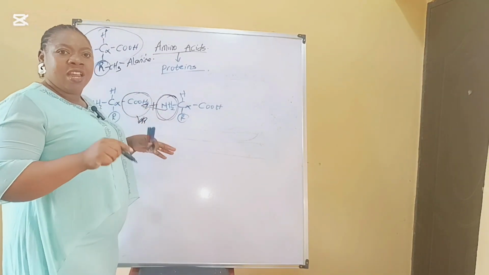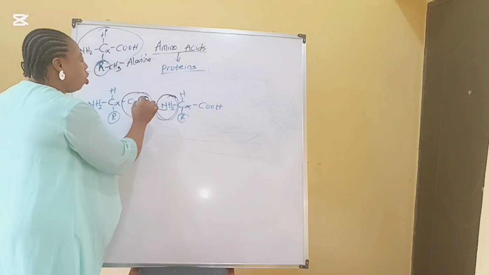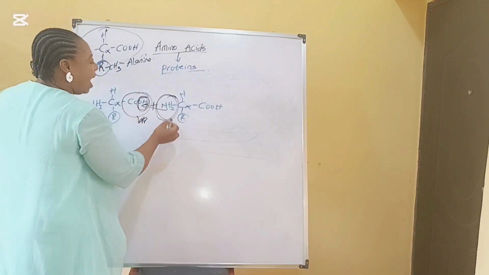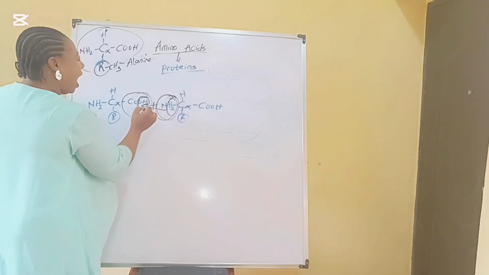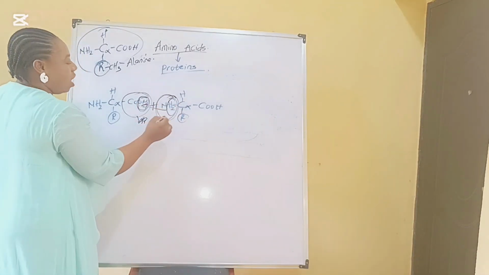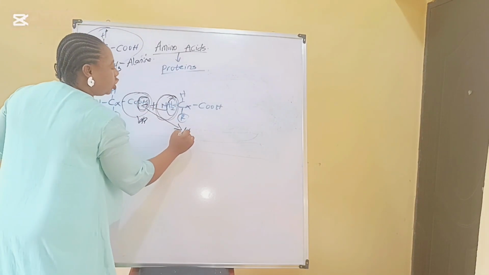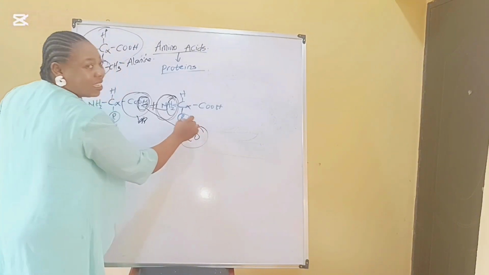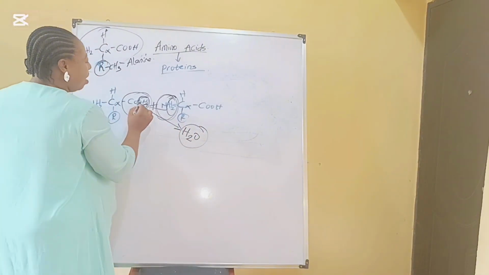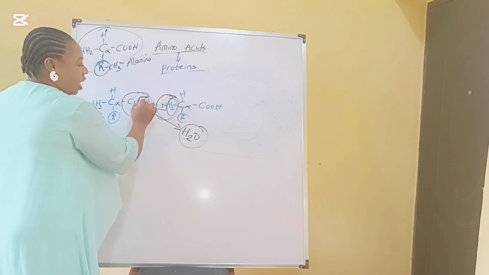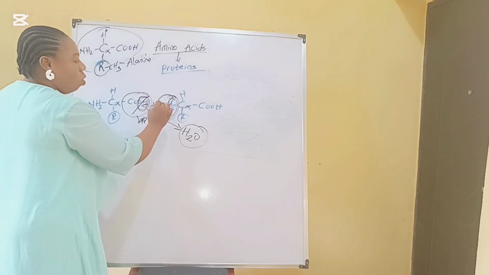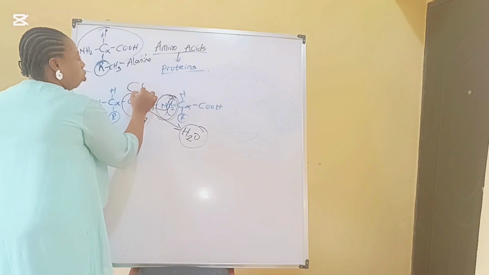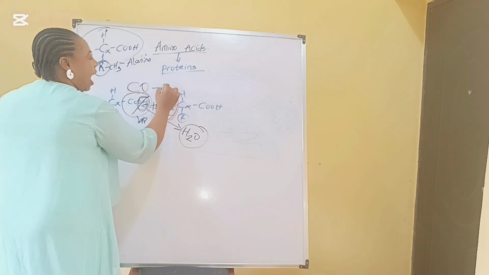When this happens, dehydration occurs, meaning that the OH here and one hydrogen here will join together, which will give us H2O. Water will be released. After removing this OH and one hydrogen, what we are left with is CO, then NH.